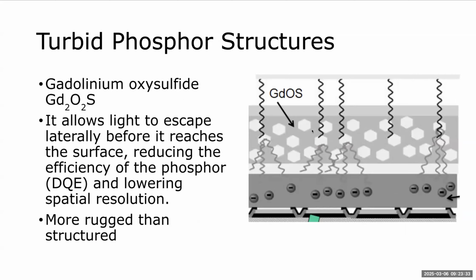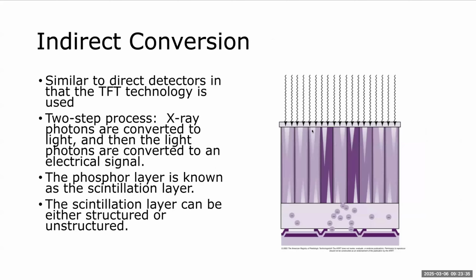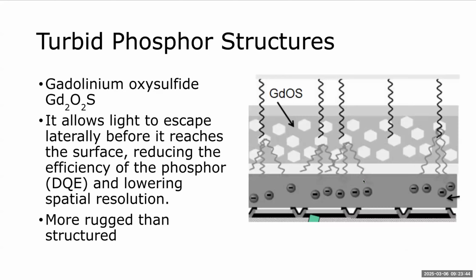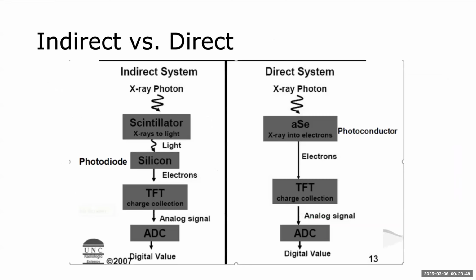So let me go back here. You have the photons interacting with the scintillation layer where light is given off, and then the light is converted to electrons or signal, and then that is digitized, and it depends again on which type of detector you're using.